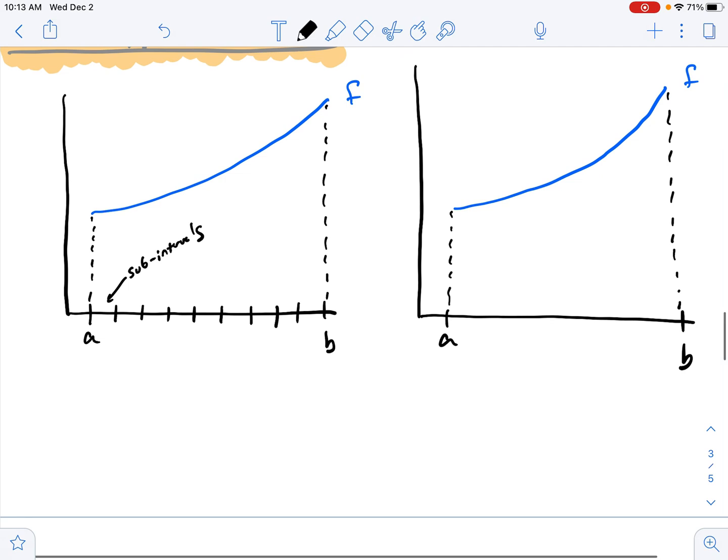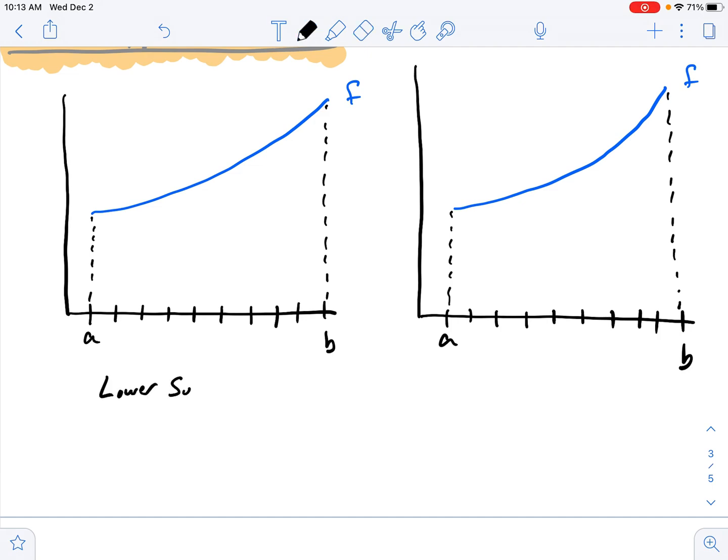Let's see, 1, 2, 3, 4, 5, 6, 7, 8. I'm going to do the same thing here. 1, 2, 3, 4, 5, 6, 7, 8. I'm going to show you two different ways to draw in these rectangles. The first of which is going to be called lower sums. The other I'm going to demonstrate are upper sums.